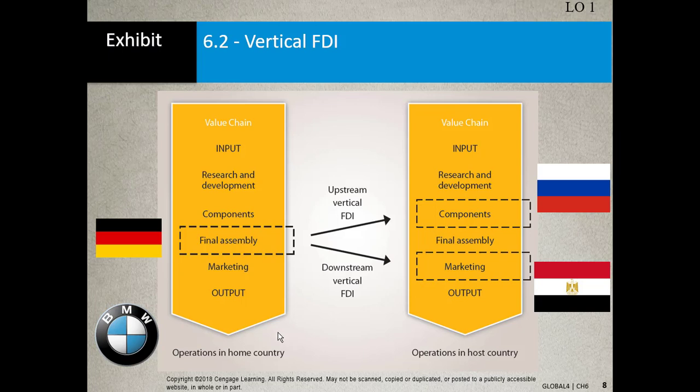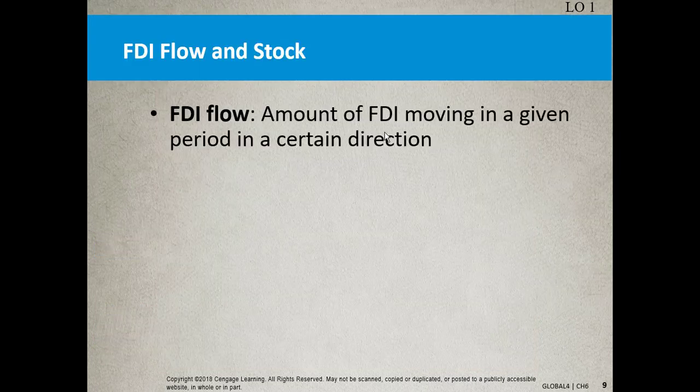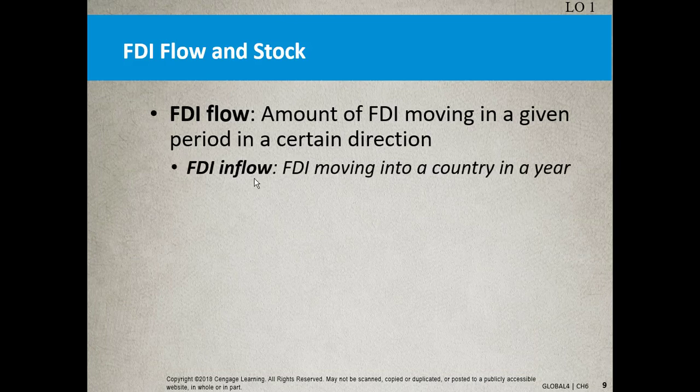So now we've looked at the types of FDI, right? Let's look at FDI flow versus stock. First, let's look at flow. That's the amount of FDI moving in a given period in a certain direction. So when you have Procter & Gamble opening up a factory somewhere in India, for India, that would be FDI inflow.